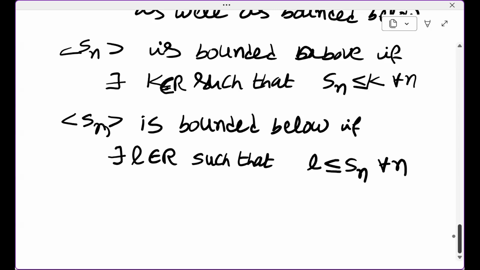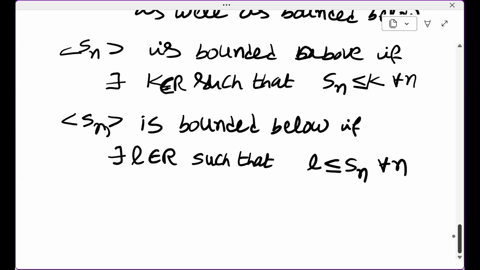If a lower bound exists, we say the sequence is bounded below. This is the lower bound of the sequence, and this is the upper bound. If the nth term is less than or equal to some constant k, then k is called the upper bound for the sequence.